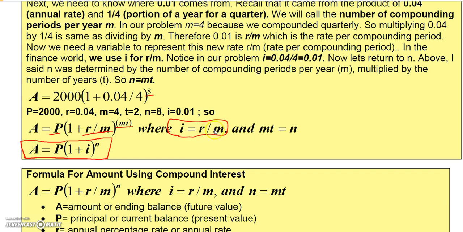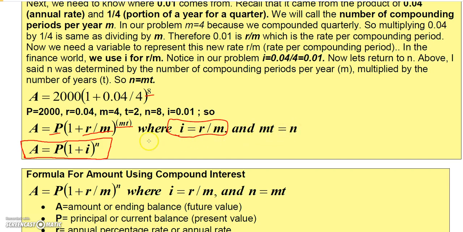So if you're compounding quarterly, you would take R and divide it by 4 to get this I. If you compound monthly, you would take R and divide it by 12, and so forth. And N is your total number of compounding periods: you take the number of compounding periods per year and multiply by the number of years. If you're compounding 4 times a year, you would take 4 times the number of years. If you're compounding 12 times a year, you would take 12 times the number of years to get N, and so forth.